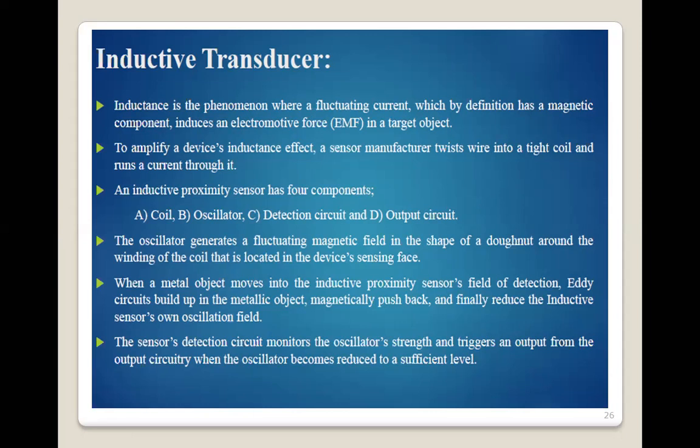When a metal object moves into the inductive proximity sensor's field of detection, the eddy current builds up in the metal object, magnetically pushes back, and finally reduces the inductive sense of the oscillation field.